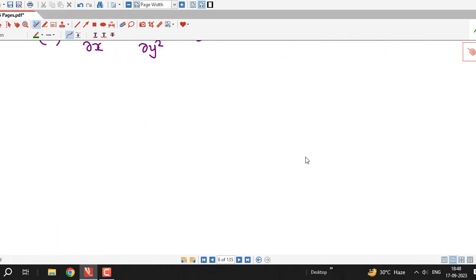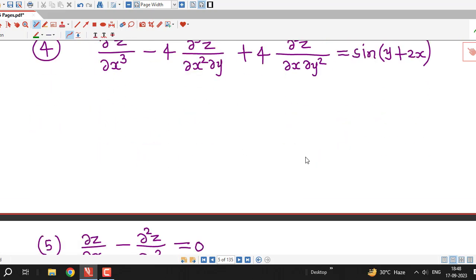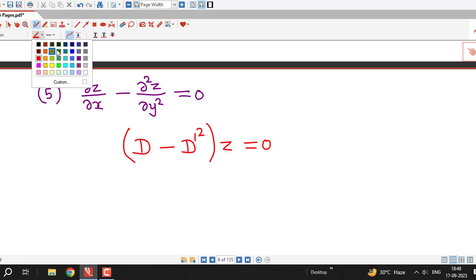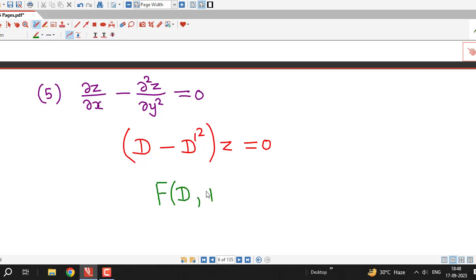Try to observe all these things which I am doing here. Now if I rewrite this in terms of notations of D, then this is partial derivative with respect to x single time minus D dash squared, because derivative with respect to y is 2 times, z equal to 0. And here if we find our function of D and D dash, what is that function?